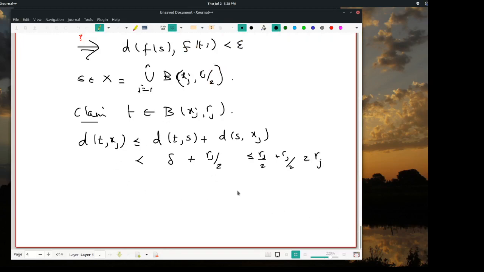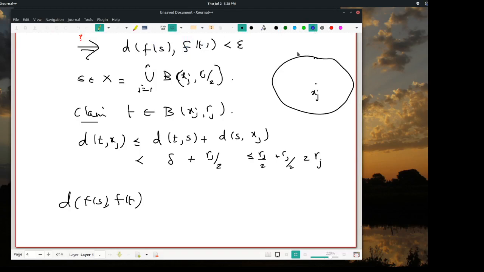Now what do I want to show? I want to show the distance between f(s) and f(t). So what will I do? I have the picture. This is my xj and my s and t. This is my rj. They are here within rj by 2.